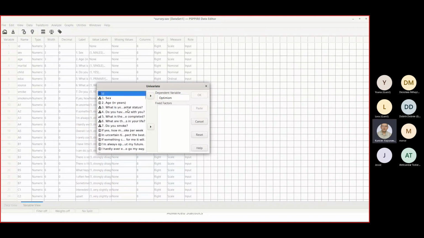I will use again Mediator status as one factor, and again I will add sex as the second factor, and then I will press OK.